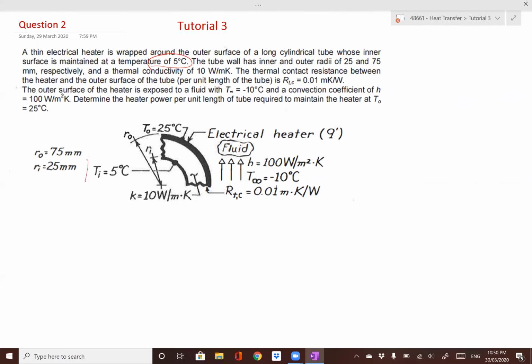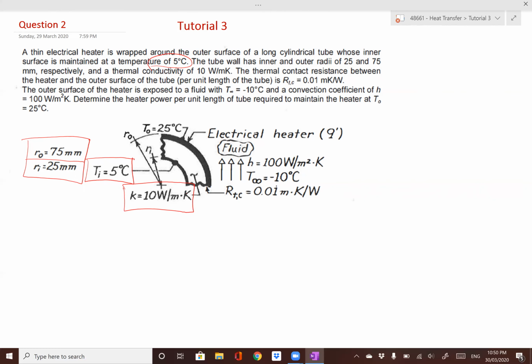The tube wall has inner and outer radius given. Inner radius is 25 millimeter, outer radius 75 millimeter. Also thermal conductivity for the tube material is given as 10 watt per meter Kelvin.